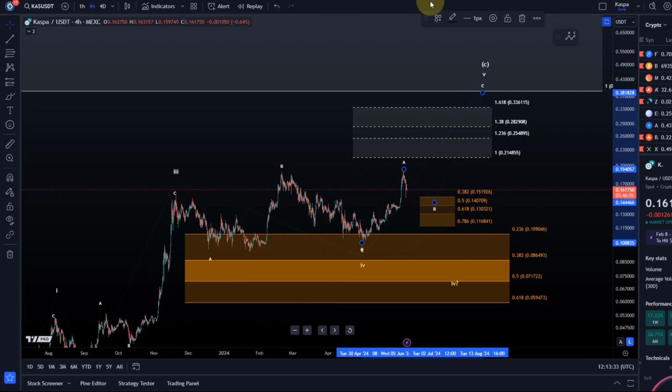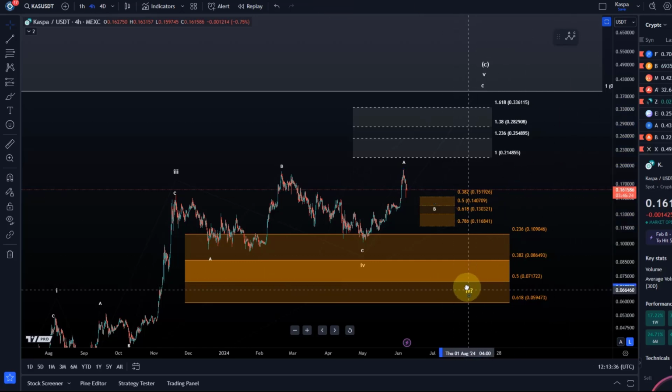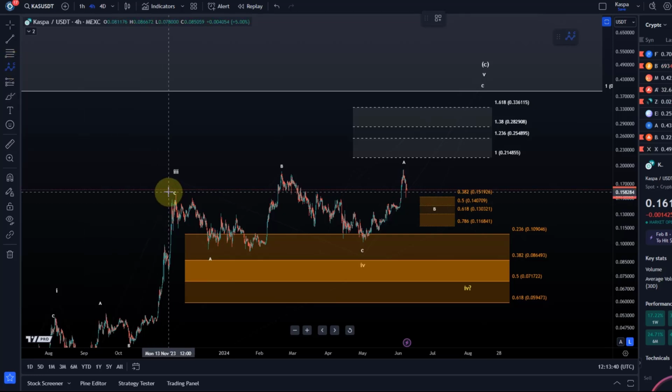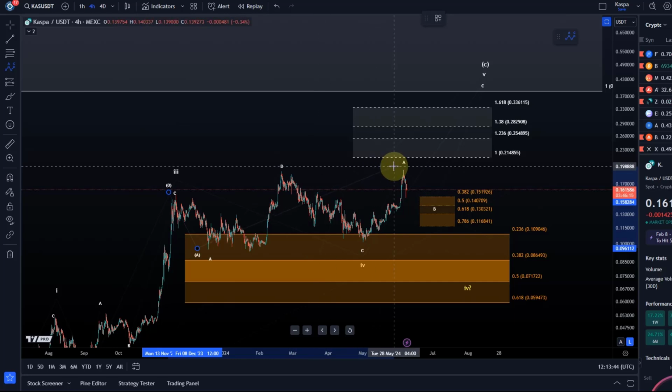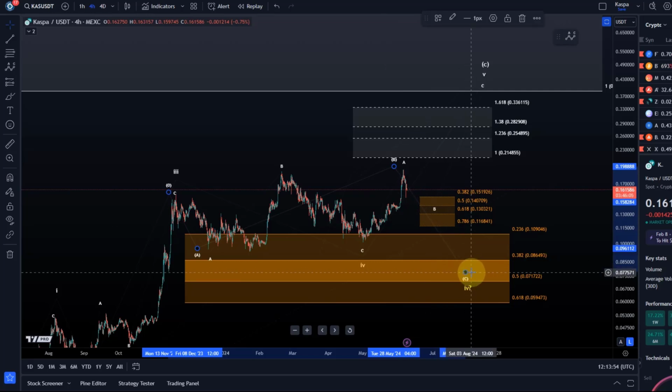Therefore, the alternative is that the wave 4 is still unfolding, and we might be dealing with a much larger A wave down, B wave up, but it would be massive. So B wave up, just thinking if there's another possibility, but this is probably the most reasonable one, and then we would come down in a C wave.